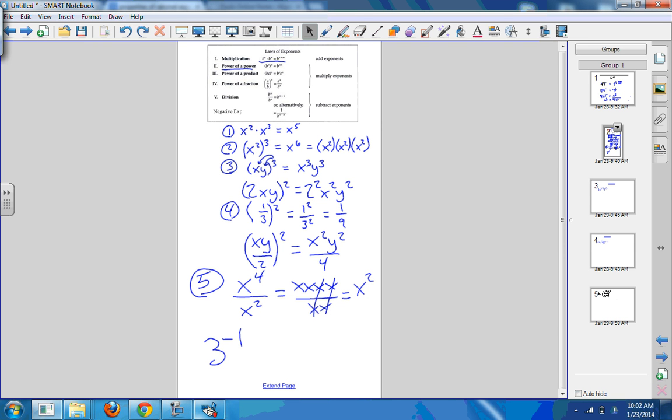It means that I need to take it and move it to the denominator or move it to the numerator. In this case, this 3, I can change into a fraction. It's in the numerator. So I can make it a positive exponent if I move it to the denominator, 1 over 3 to the first power. Let me give another example here.